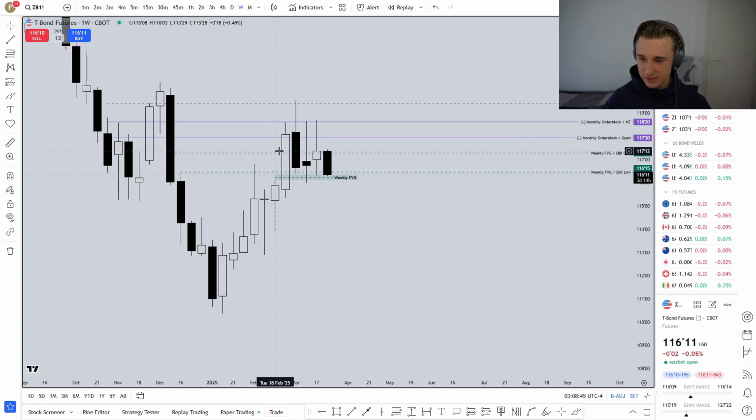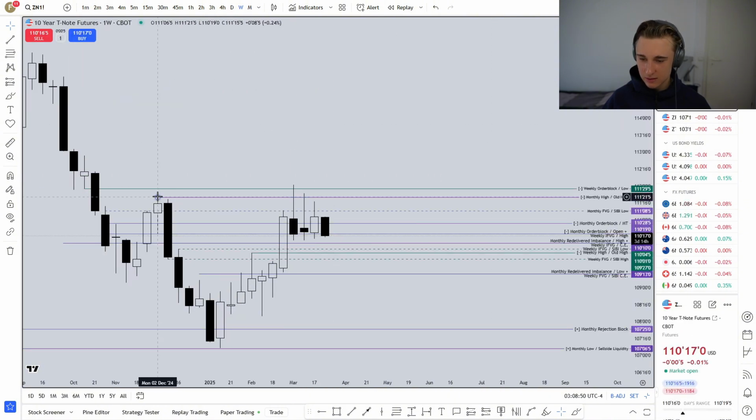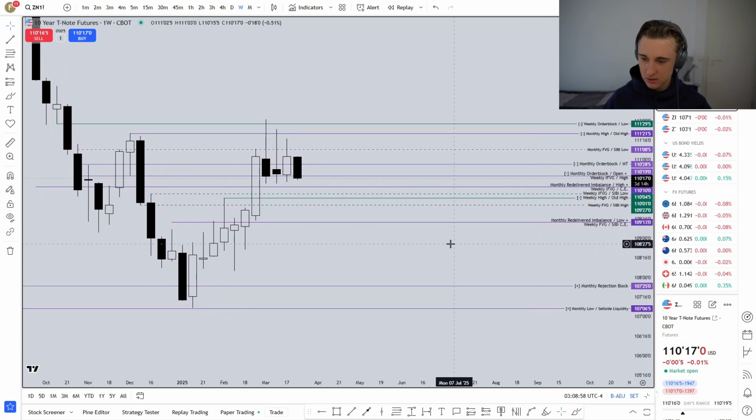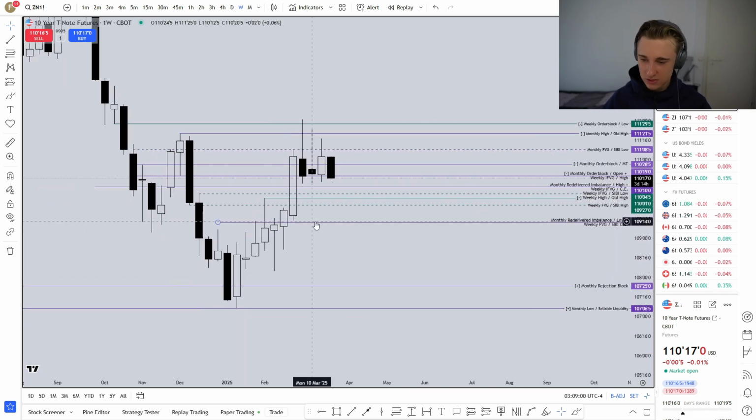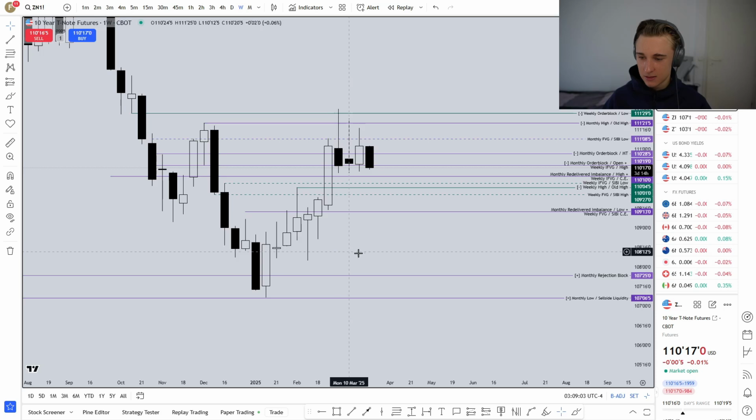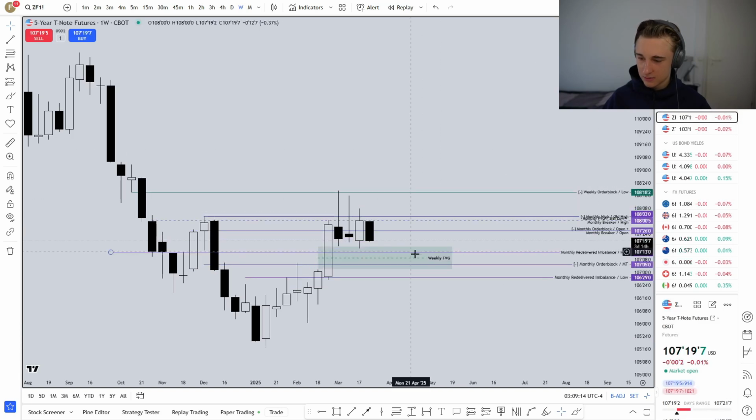We closed above that, so initially we thought we were bullish and it would run out this high, and we did, as our target was, but we did it only on the 10-year and 5-year and 2-year T-note futures, so only on the shorter term T-note futures we ran out the high. And right now, as it looks like, T-bonds are also primed for a correction into this weekly fair value gap.